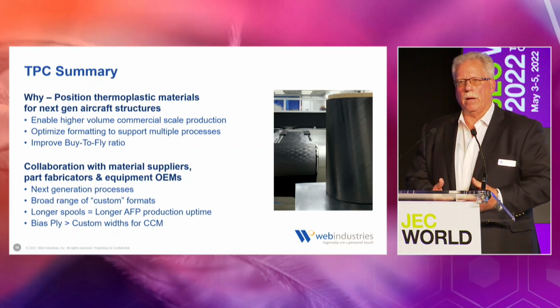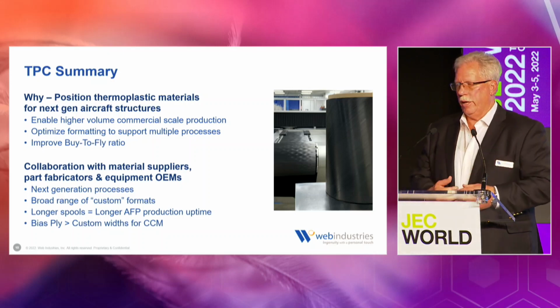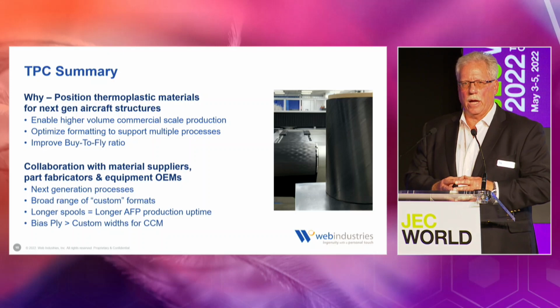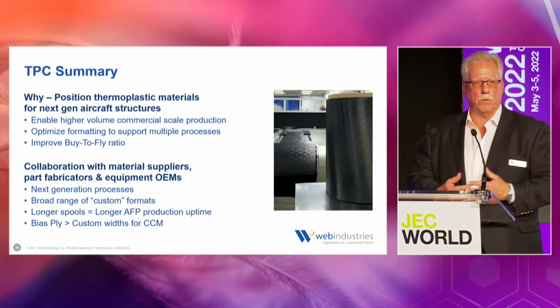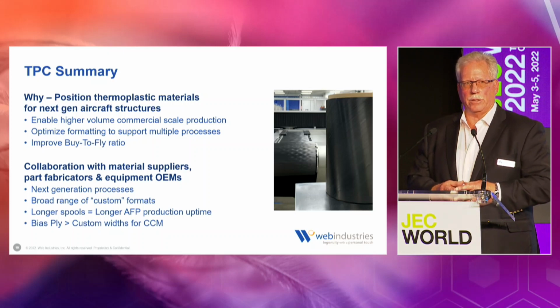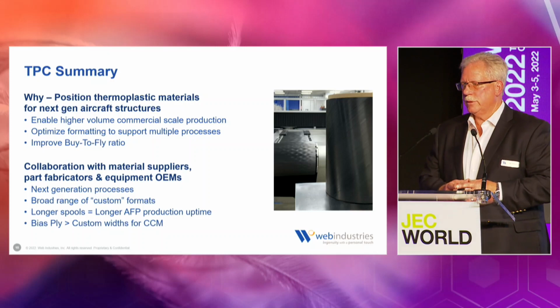We're continually innovating our processes to support the innovation out there in the industry for next-gen processes. That includes longer spools, bias-ply, chop, any technology that's out there. We want to be able to support putting these materials into the system in order for thermoplastics to be successful long-term.